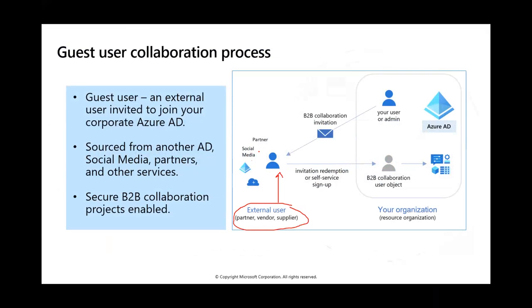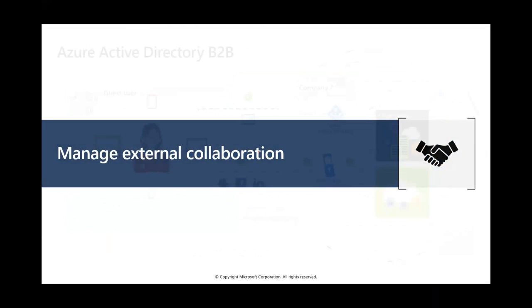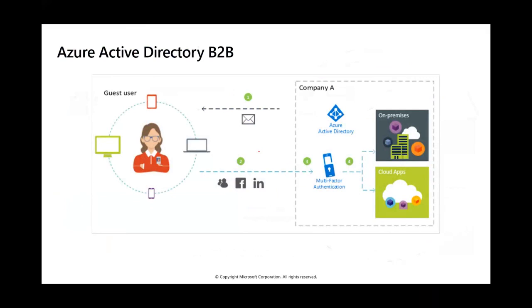And when we talk about B2C, which is not in the diagram here, we're talking about the external user wanting to have access to your internal web or mobile app service. So that's different. For example, Gmail, Facebook, whatever. That's the difference between the B2B and B2C configuration of your organization.